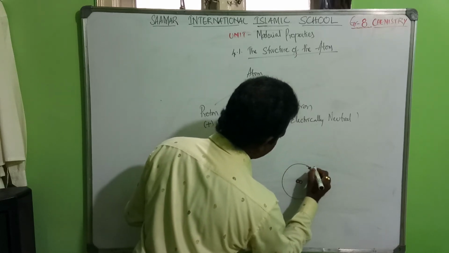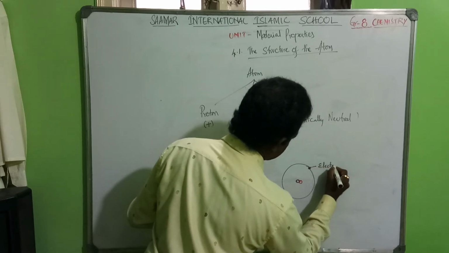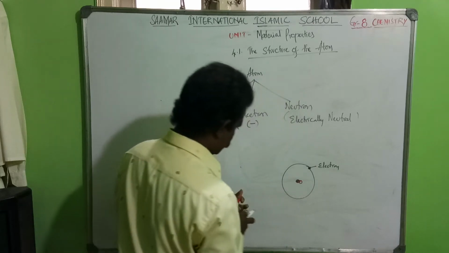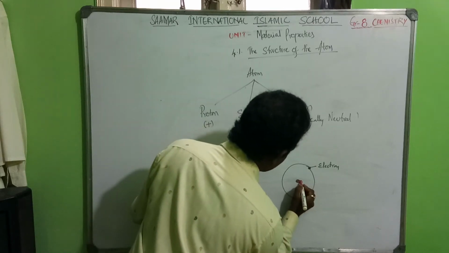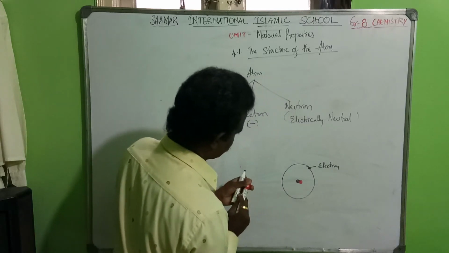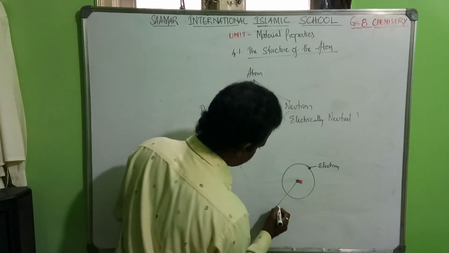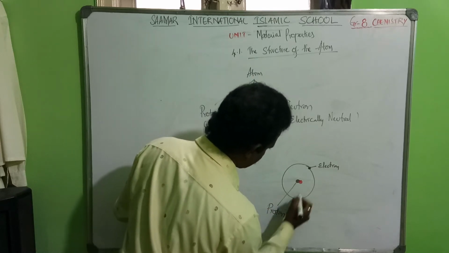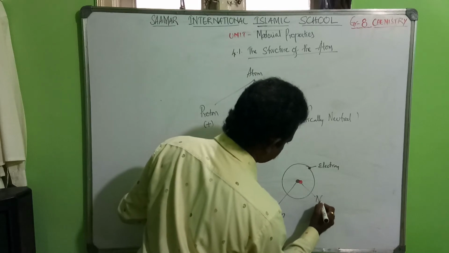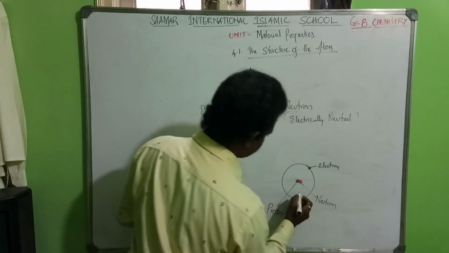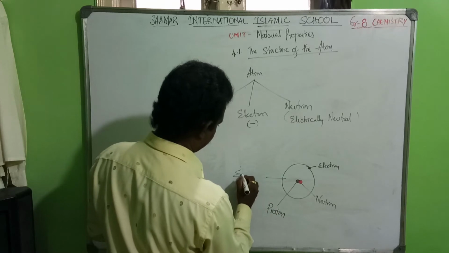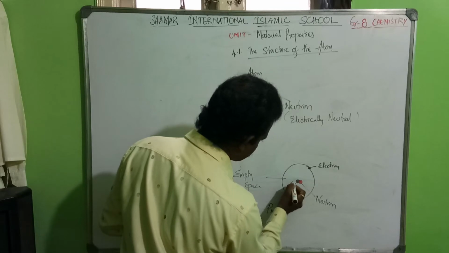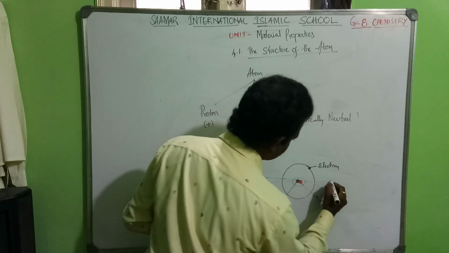Here you have the electron, and here you have the proton and neutron. Here is the proton and this is your neutron. This is your empty space. These two collectively are called the nucleus. What do you call this? Nucleus.